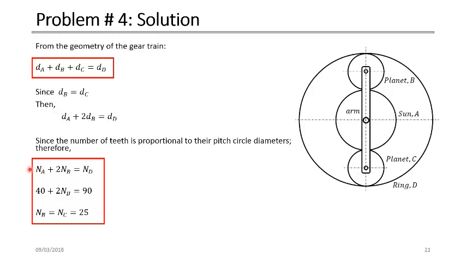The module multiplied by N is equal to the diameter, but in the end the module will cancel out, because we assume that the module of all the gears is the same. So we will have NA plus 2NP is equal to ND. NA is given as 40, ND is given as 90, and based on this equation, we get NP or NC, the planet gears, with the same number of teeth, as 25.